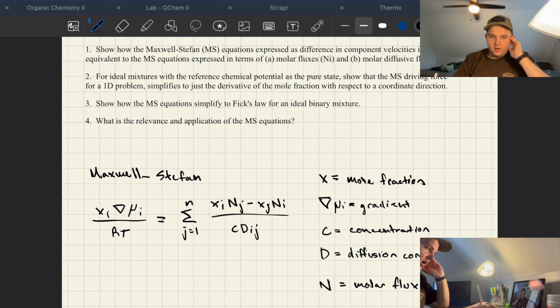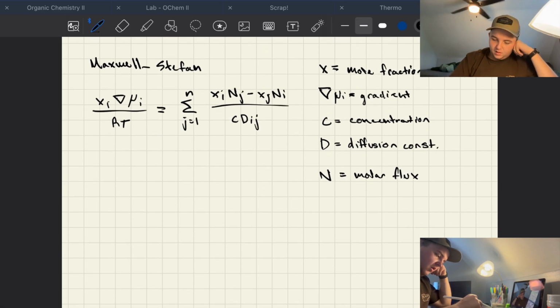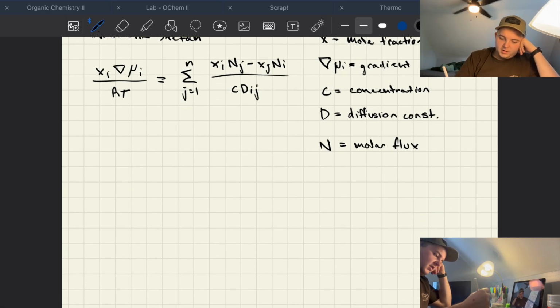So we're going to hop right in and show how we're going to start with our molar flux, in terms of molar fluxes. What we're going to do first is just simplify this equation. Our left side of our equation is also known as the driving force, which is in terms of d_i, but I'll also write driving force.